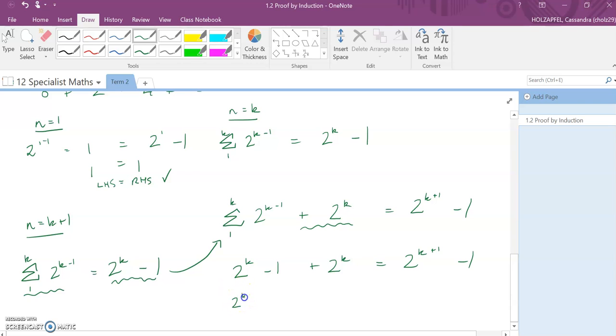So I have 2 to the power of k, times 1 plus 1, minus 1. And then that's going to be equal to 2 to the power of k plus 1 minus 1. Now this is going to be 2 to the power of k times 2, minus 1. And that's going to be equal to this.